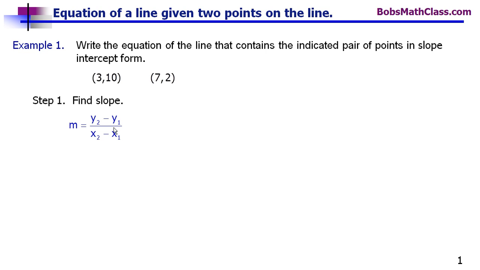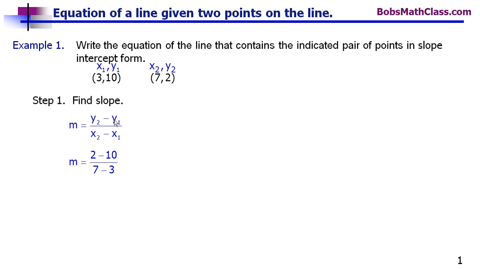Okay, so you probably need to memorize this formula for slope if you haven't already. You might want to label these. I like to just label them in order: x1, y1, x2, y2. But it doesn't matter which one is which. You could label the 7, 2 as x1, y1, and this one is x2, y2. It'll still work out.